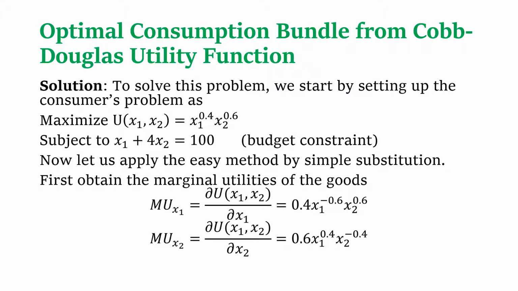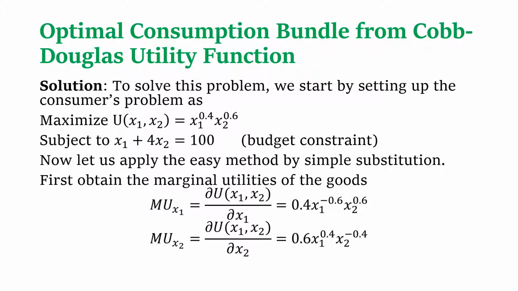But remember, when you are differentiating this utility function with respect to x1, you are holding the other variable, which is x2, constant. That variable remains unchanged. So, the marginal utility of good 1 here is 0.4 x1 to the minus 0.6 x2 to the 0.6.